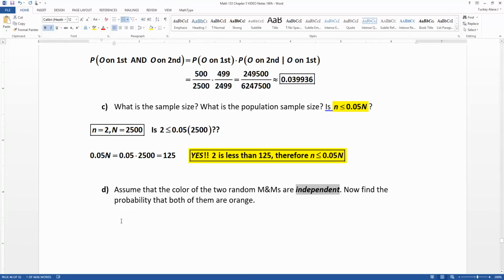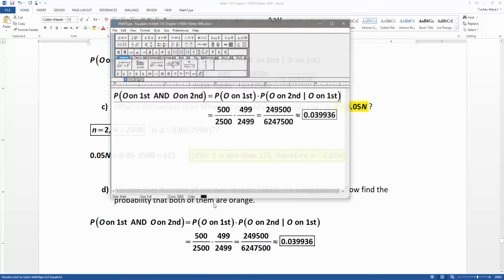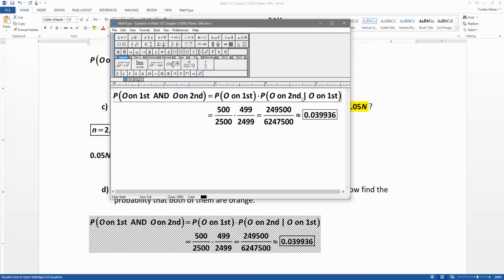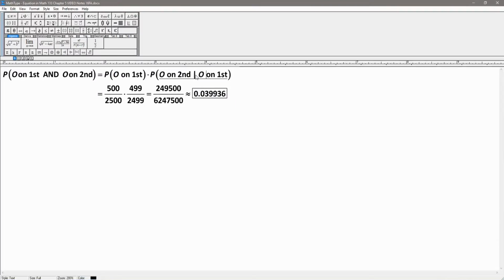All right, well, if we treat them both as independent, then I'm not going to have to bother with this whole second given the first thing, right? So I'm just going to say, what's the probability of an orange on the first times the probability of an orange on the second? And I won't need to worry about an orange on the first because they're independent of each other. So therefore, this part disappears.